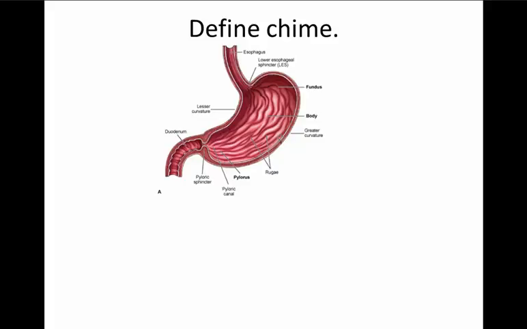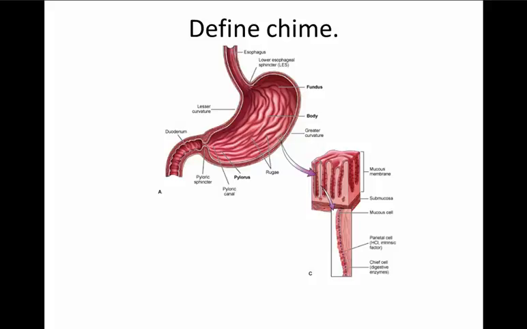And so once we swallow food and it travels down the esophagus into the stomach, it's actually held there. And what happens is we have a few different types of cells here within the various layers that we mentioned in the previous slide. So we have the mucous membrane, which when we zoom in on it has mucus cells that secrete lubricating materials in order to allow the food to glide along the surface of the stomach.